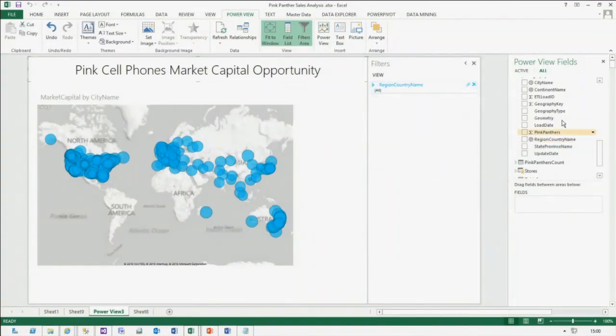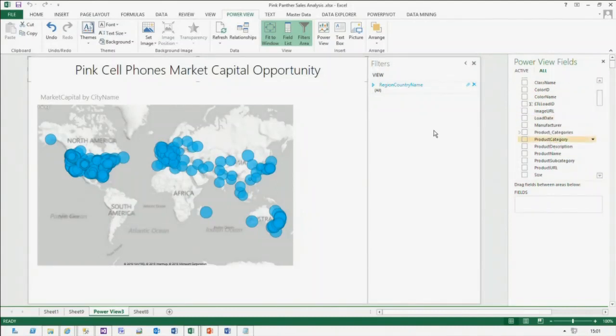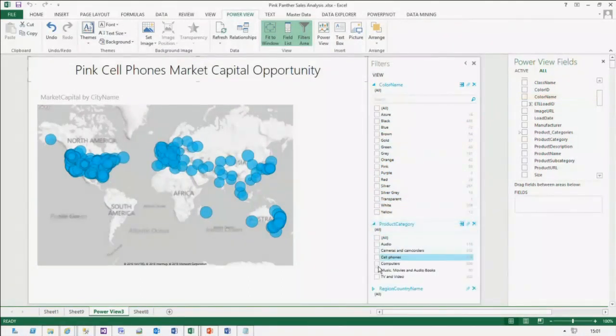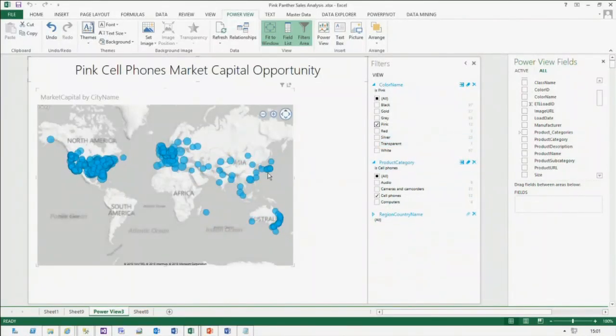Country name is probably already there. I'm going to include the products here, the product category name, and then the color name. Let's select cell phones, and let's select pink here, and still quite a bit of data.